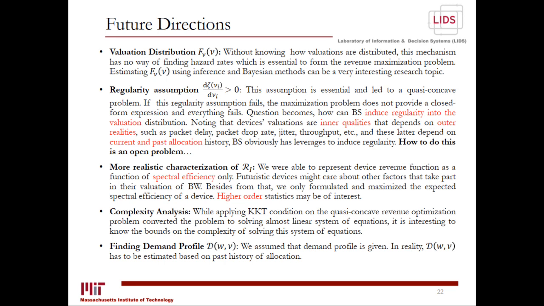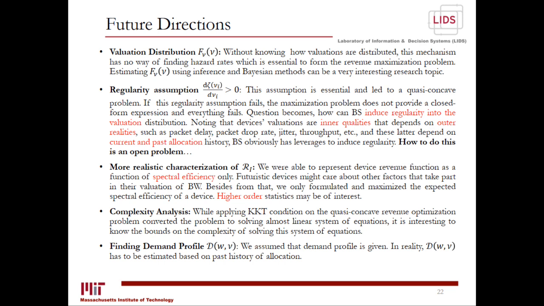I assumed that there is a regularity assumption. I didn't go into the detail of that, but it converts the optimization problem on the side of the base station to a convex problem so that we can apply the KKT conditions. But the problem is we might not be able to have this assumption. And this assumption, indeed, is a very important assumption in the sense that it is related to the inner qualities, because these inner qualities are related to the valuations of devices.